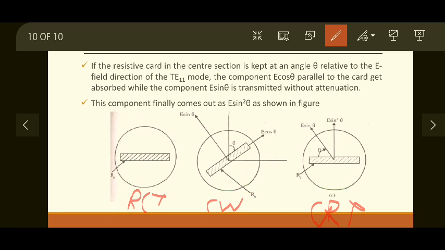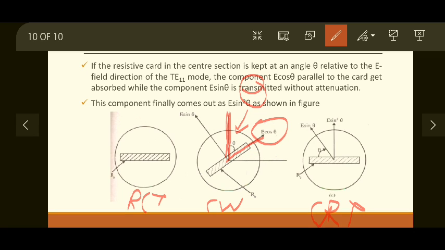If RB is kept at an angle of theta relative to the electric field direction of the TE11 mode, this is the theta shown over here, then the component E cos theta will be parallel to the card.